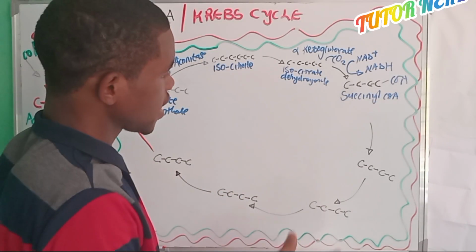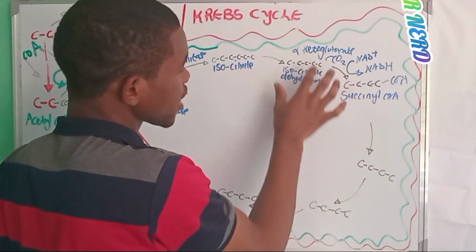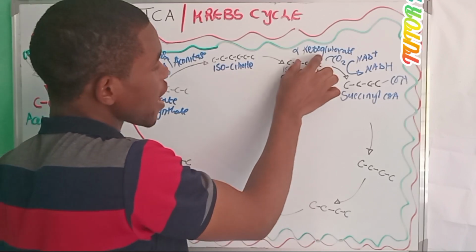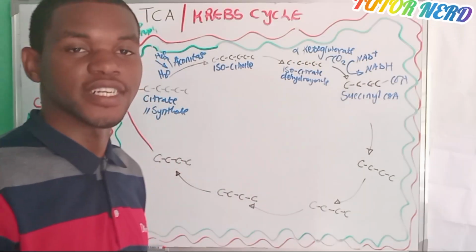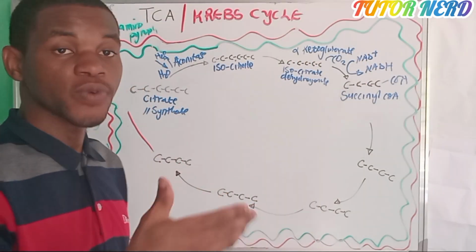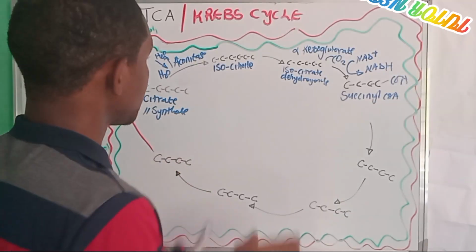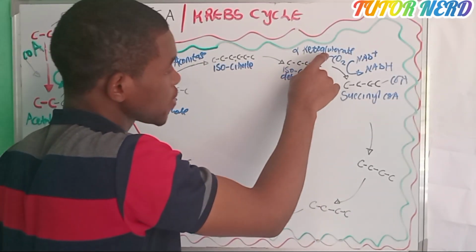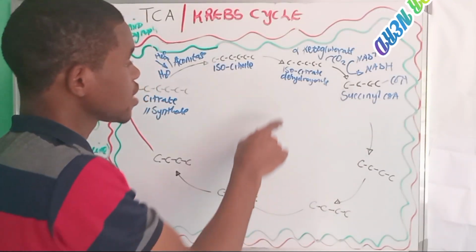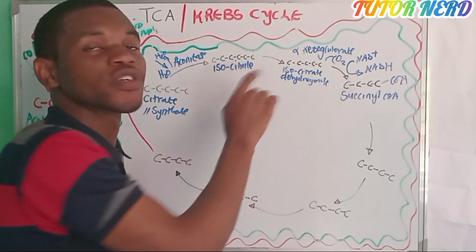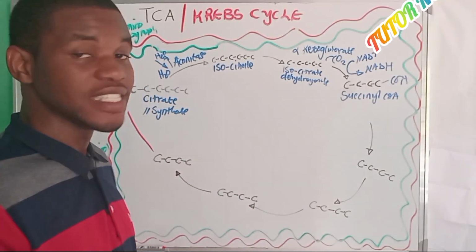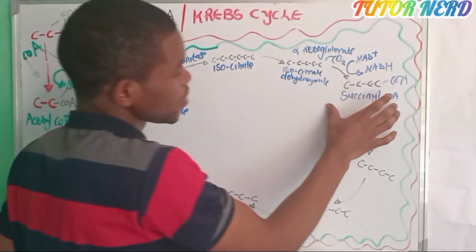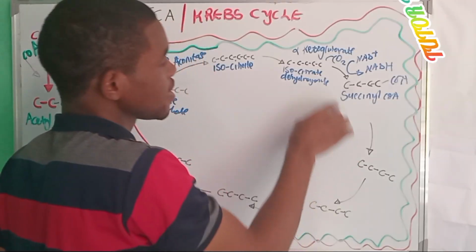Now the enzyme that helped us move from alpha-ketoglutarate to succinyl-CoA is alpha-ketoglutarate dehydrogenase. You can even relate this, because when we shifted from isocitrate to alpha-ketoglutarate, the enzyme we used was isocitrate dehydrogenase. In short, we were dehydrogenating isocitrate. Here what we are dehydrogenating is alpha-ketoglutarate.